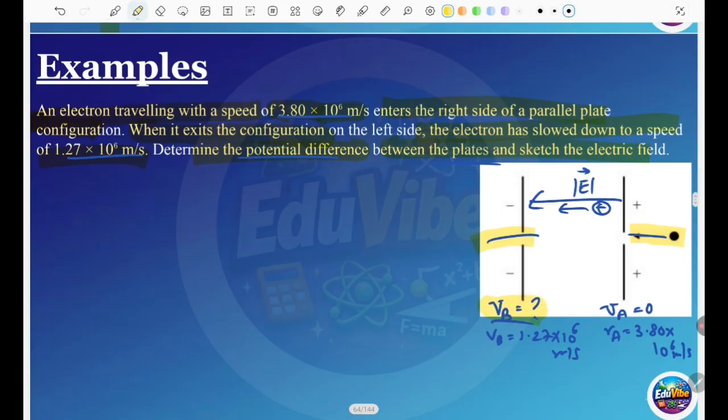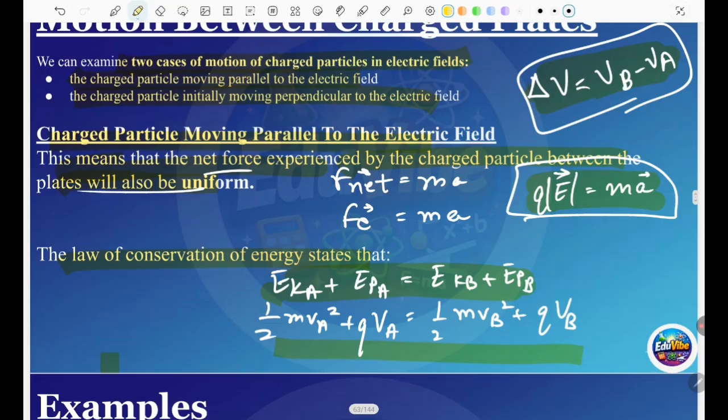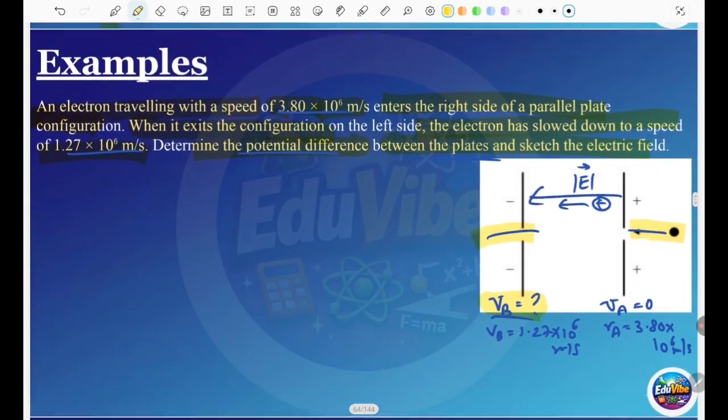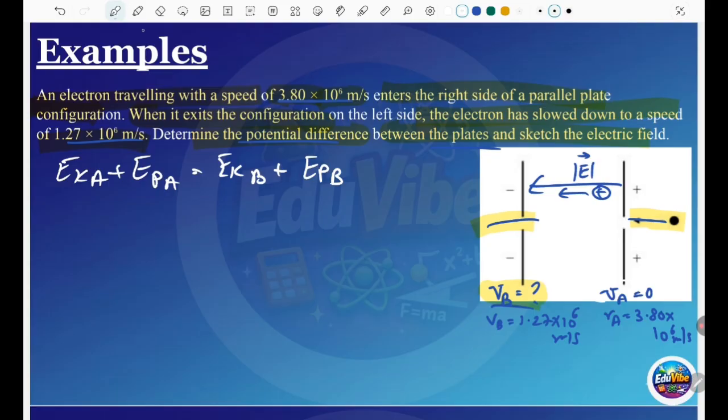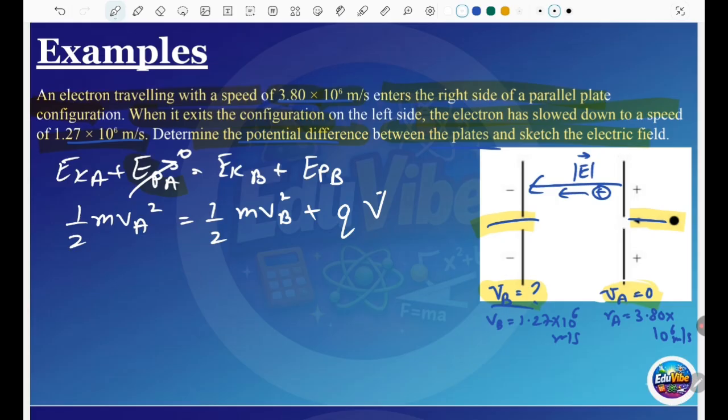So we use the energy formula with everything else we have: EKA plus EPA equals EKB plus EPB. But initially VA is 0, so that term cuts out. So EKA, half m vA squared, is equal to half m vB squared plus q VB.